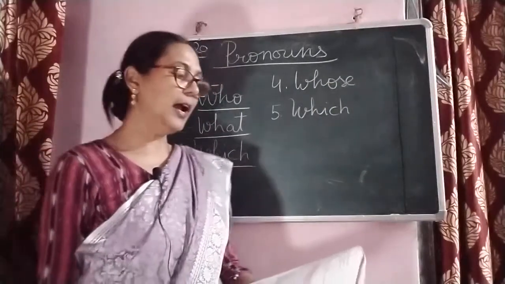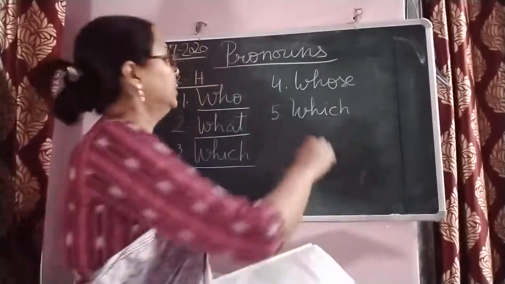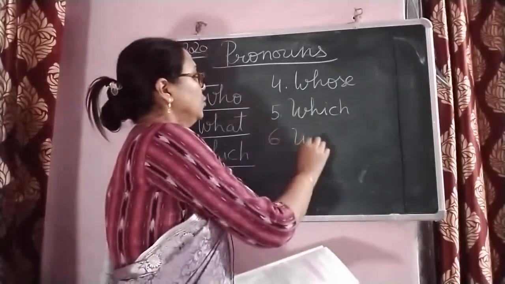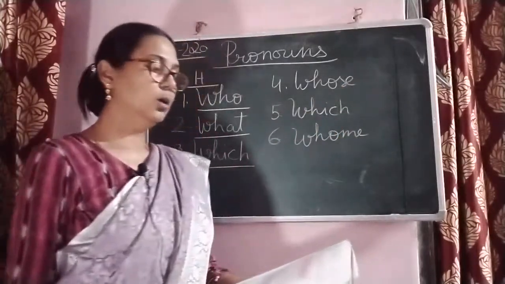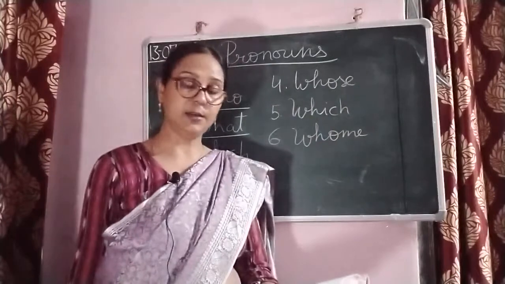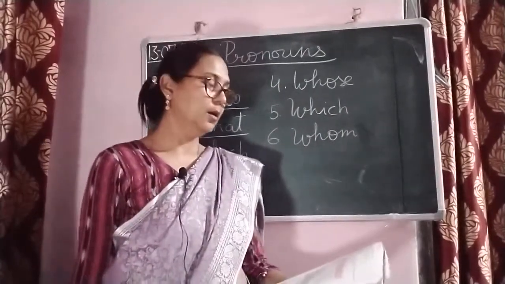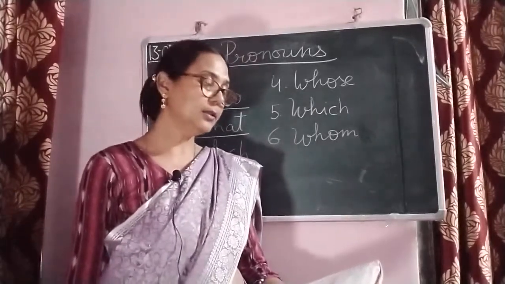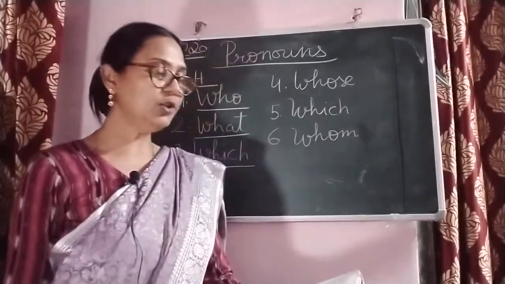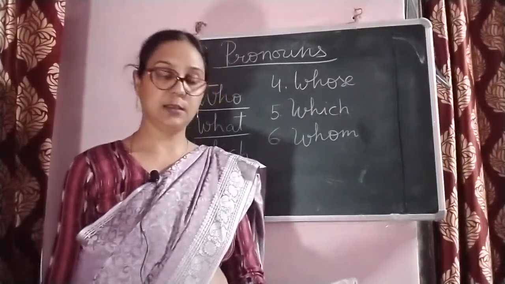Now, with dash are you going to the market? With whom. Sixth is whom. With whom are you going to the market? Now in seventh, dash are the top ranking students of your class.